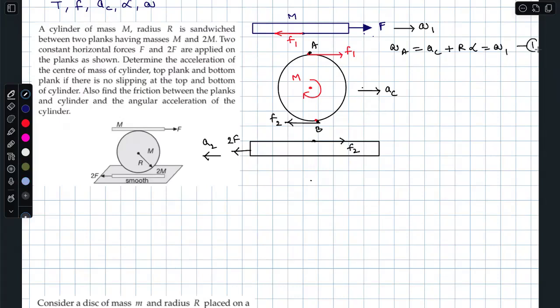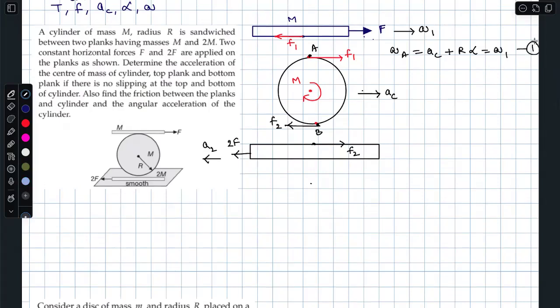Let this be equation 1. Any doubts? Why? Because no slipping at A.